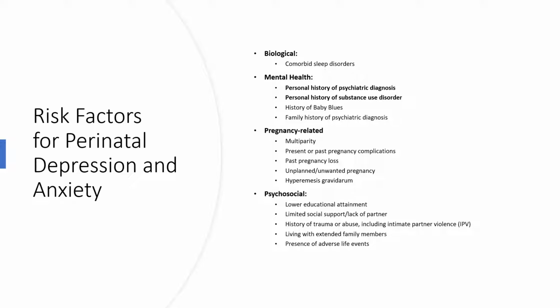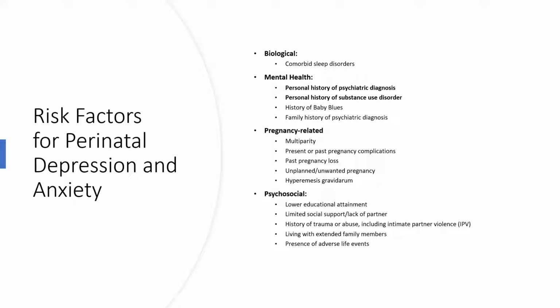So this slide outlines the strongest risk factors for perinatal depression and anxiety specifically. And these include biological considerations like sleep disorders, mental health considerations, the strongest one being a personal history of a psychiatric diagnosis. 50% of people with postpartum depression have had a history of depression before or during pregnancy.